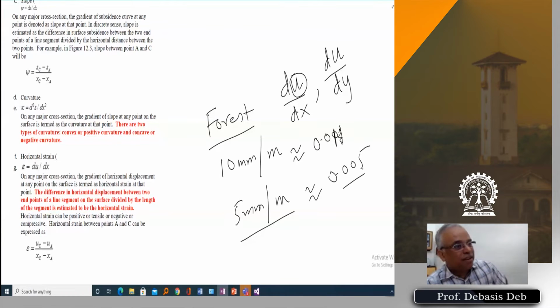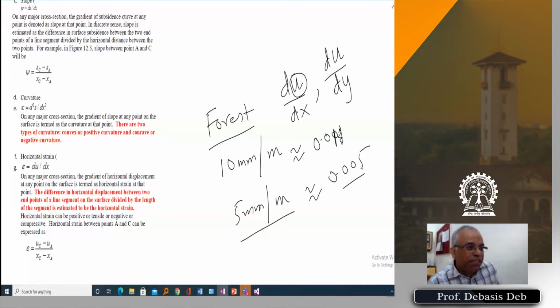Okay, so subsidence is a very important parameter. Even before you start any excavation, let's say any underground mining activities, you have to submit a report to the government. If it is a coal mine, it has to be the Ministry of Coal. If it is a metal mine, it has to be the Ministry of Mines.